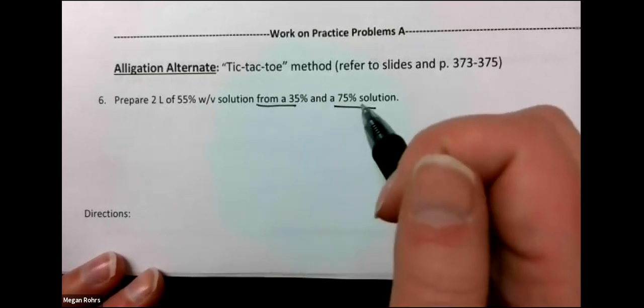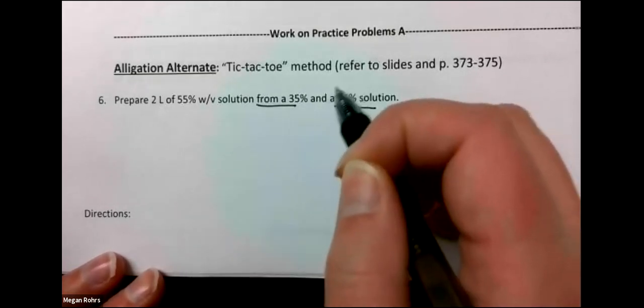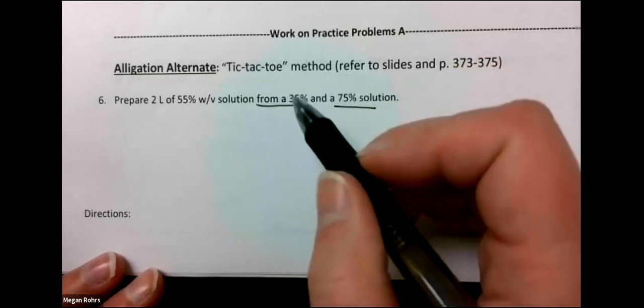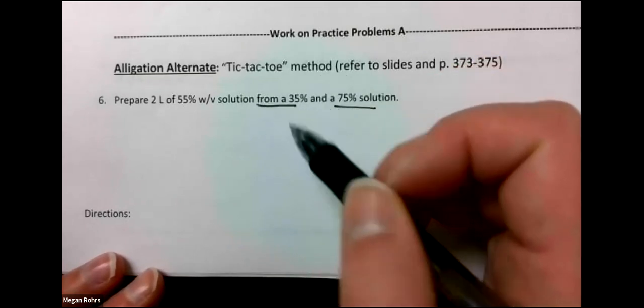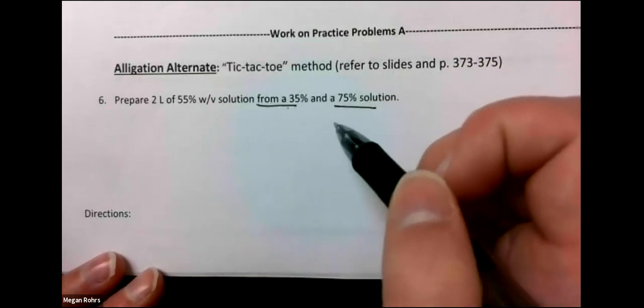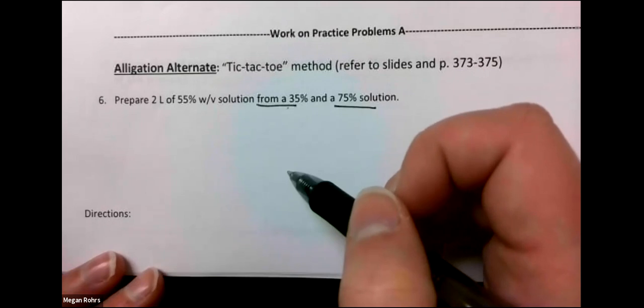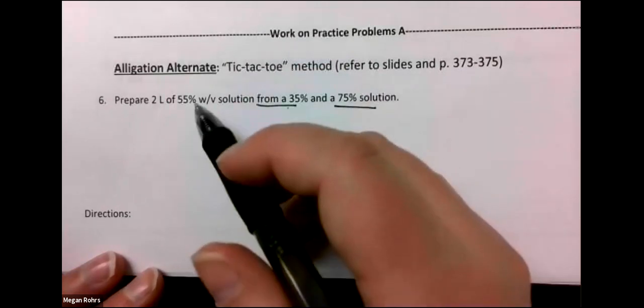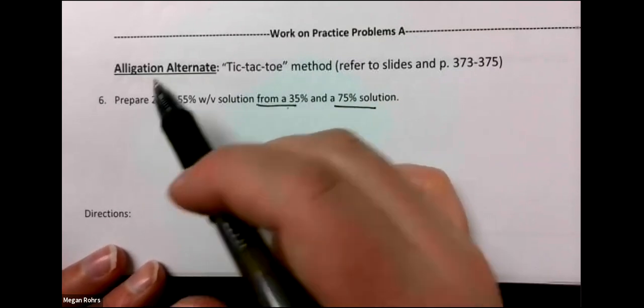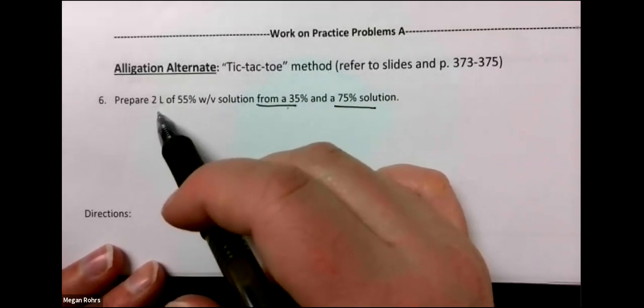Just think about it logically: this is a higher concentration, meaning it has more active ingredient, and this is the lower concentration. We're going to find out how much of each of these solutions we need to add together to get a final strength of 55% and a final quantity of 2 liters.